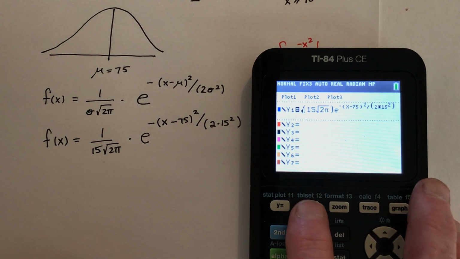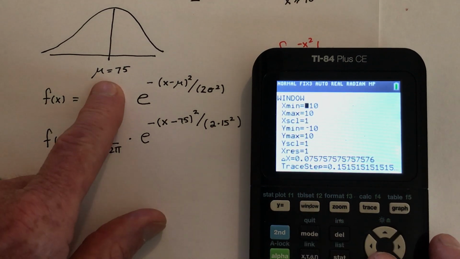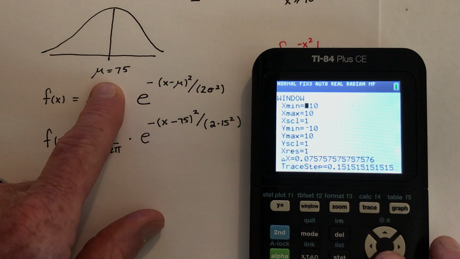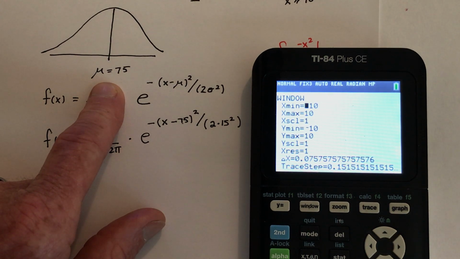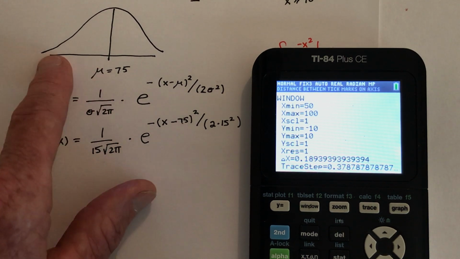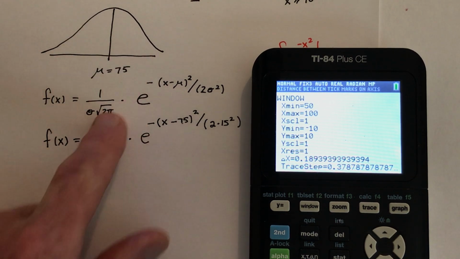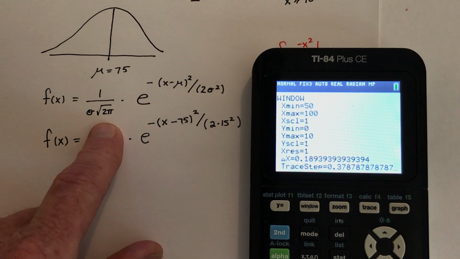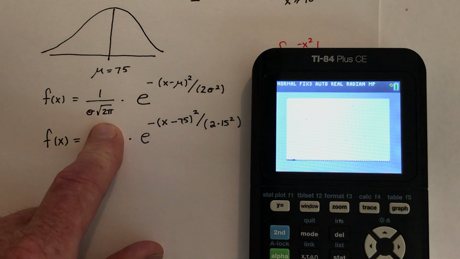So now if I change the window and center it around 75, let's say go from like 50 to 100. And this function is not going to be very tall because in total, the total area is 1. I'm going to have it just go from 0 to 1 and see if I can see the graph.